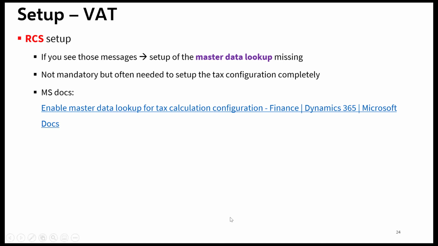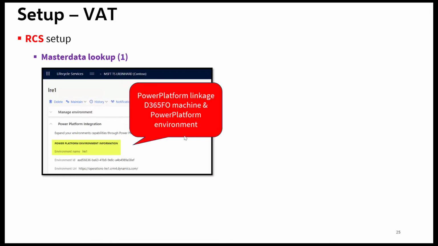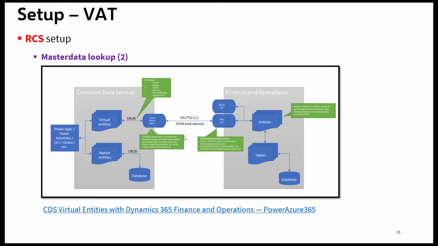If you want to enable it, here is a link to the Microsoft Docs website. But we will quickly go through that. So first thing is in Lifecycle Services, you have to make sure that you have a Power Platform environment linked to your tier 2 machine or higher. Once that is done, you need to set up virtual entities.